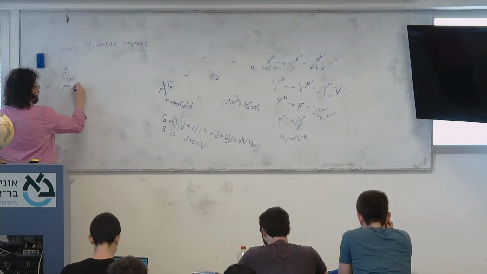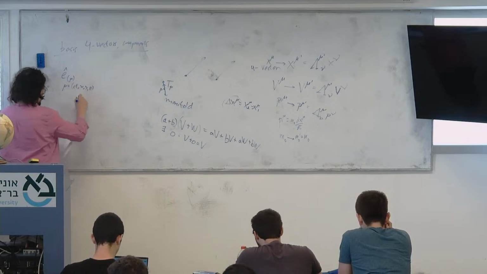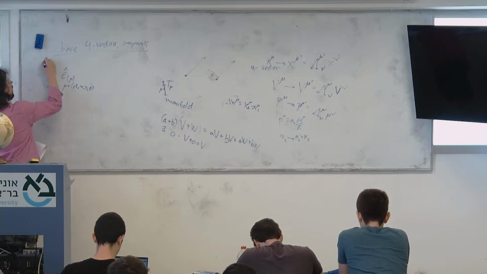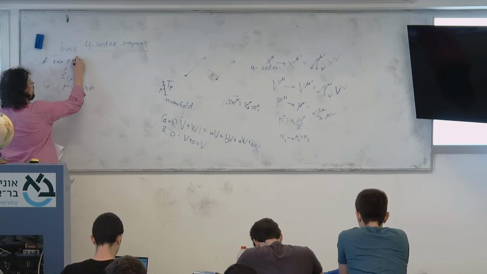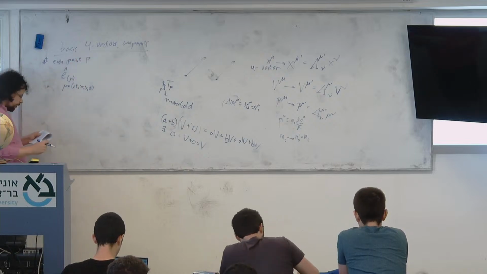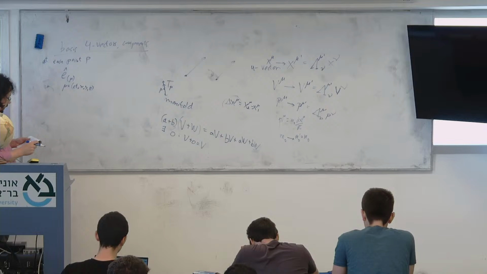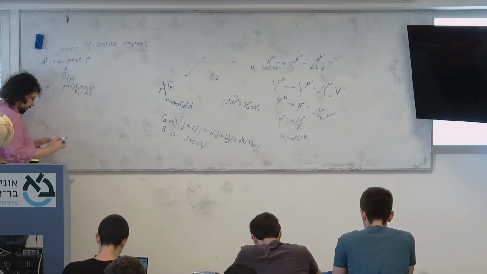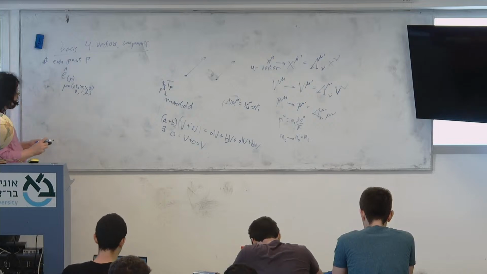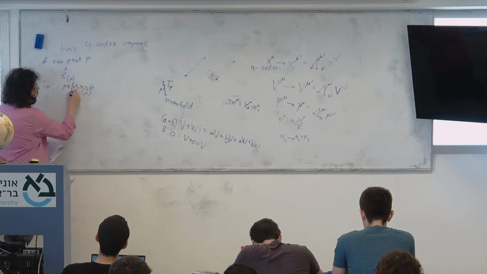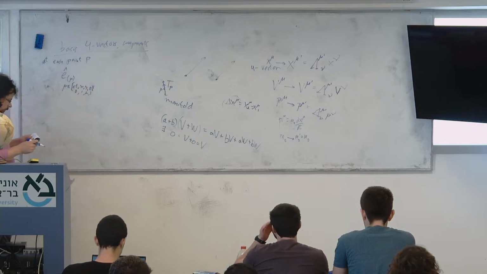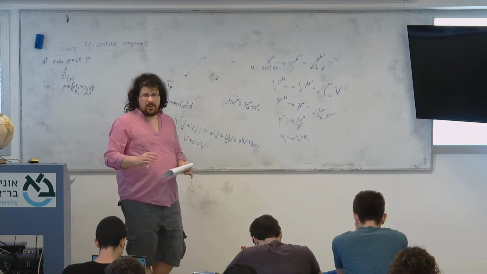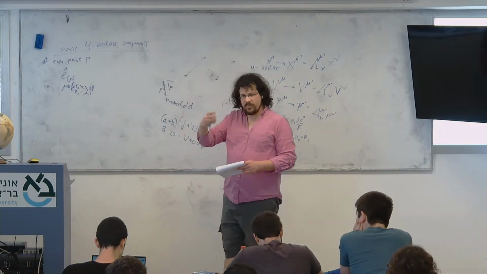Mu, of course, can be any of ct, x, y, or z, so far in special relativity, equivalently 0, 1, 2, 3, at each point P.